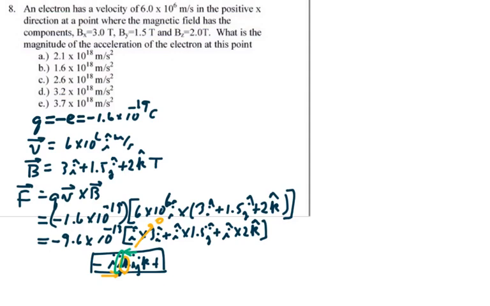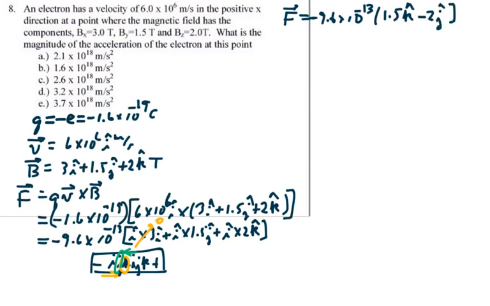So our force is looking like this: negative 9.6 times 10 to the minus 13. And then we have i cross 1.5j is going to be a 1.5k. And then i cross with k is going to be a negative j, so that's going to be negative 2j.